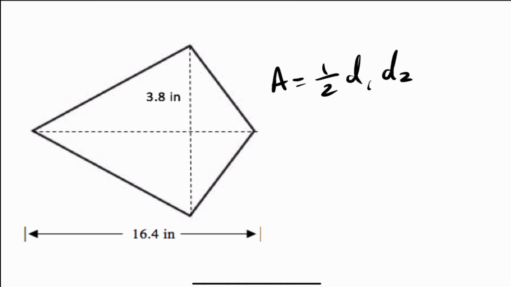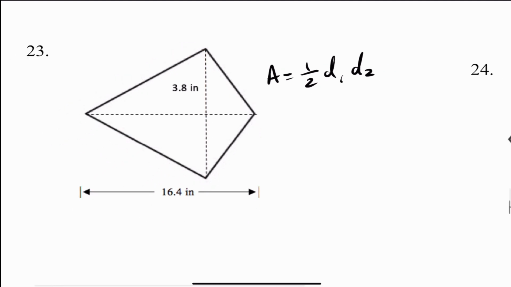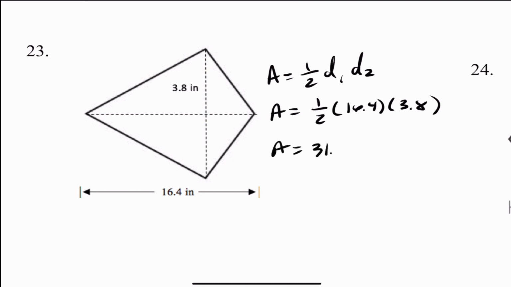All right, I don't see 3.8 pointing at this segment. It looks like the 3.8 is this whole segment here. So A equals 1/2 of 16.4 times 3.8, and you get 31.16 inches squared. That's number 23.